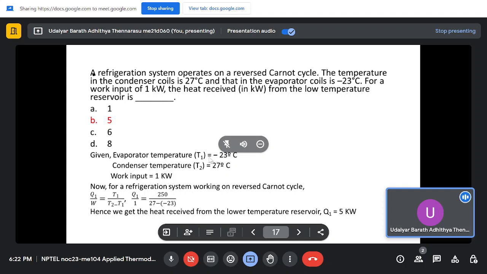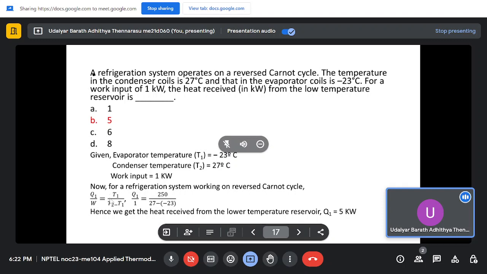The evaporator temperature in Kelvin will be 273 minus 23, which comes out to 250. For a refrigeration system, the reverse Carnot COP is defined as Q1 by Q2 minus Q1, and you can replace Q by temperatures in a Carnot cycle based on Kelvin's laws, so T1 by T2 minus T1.